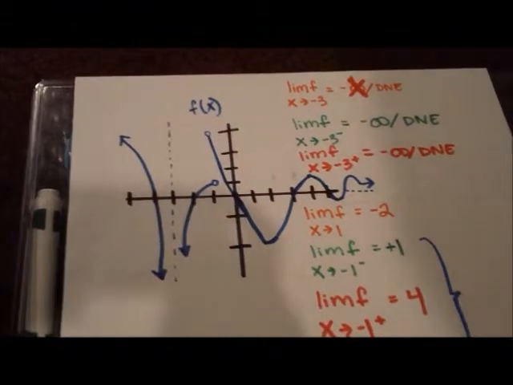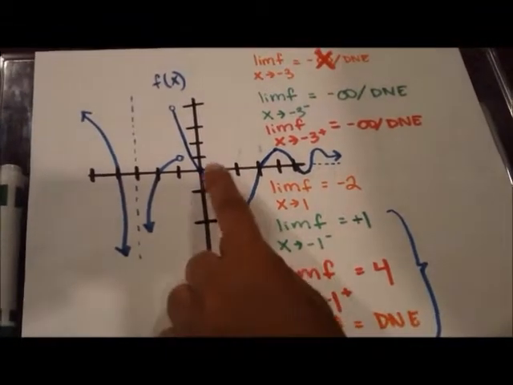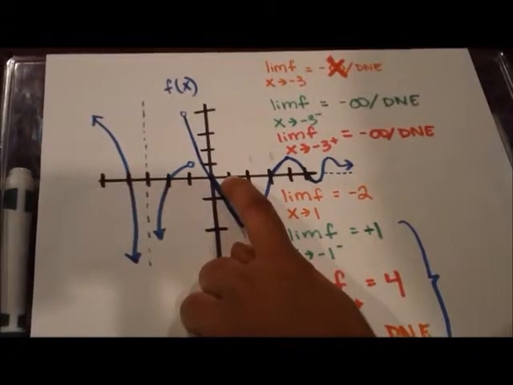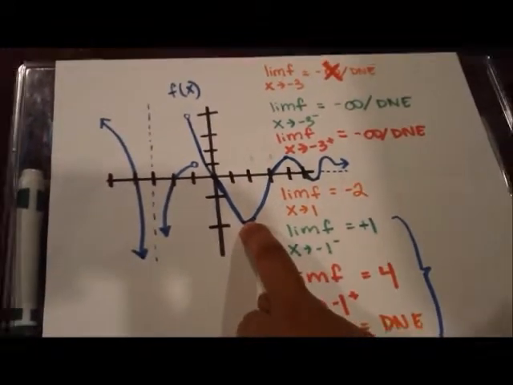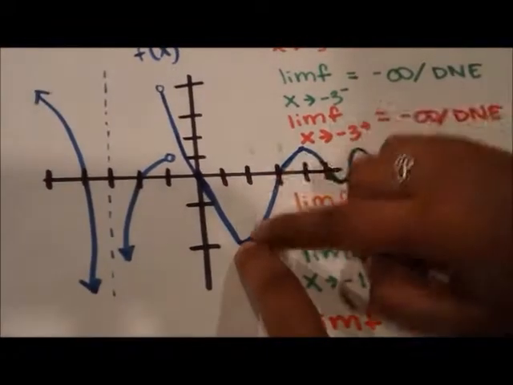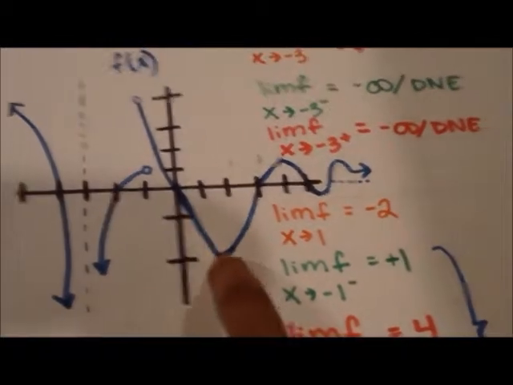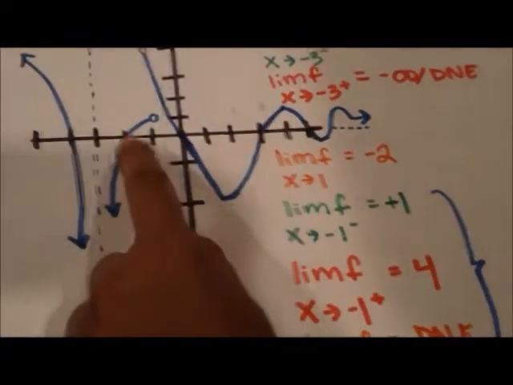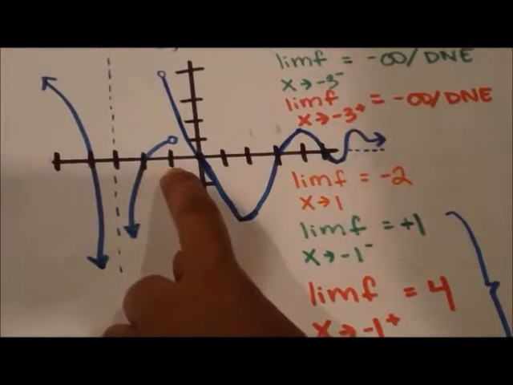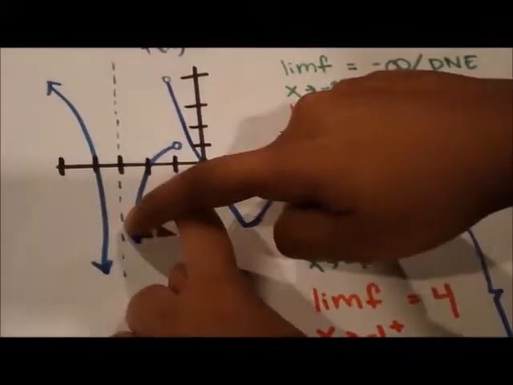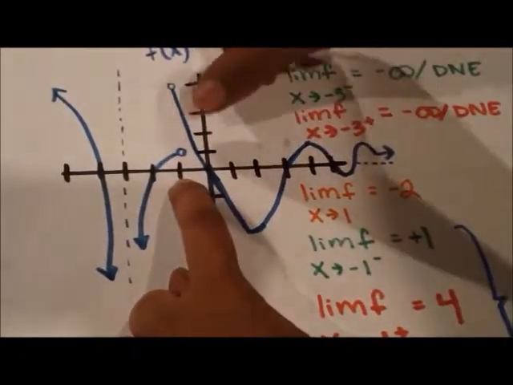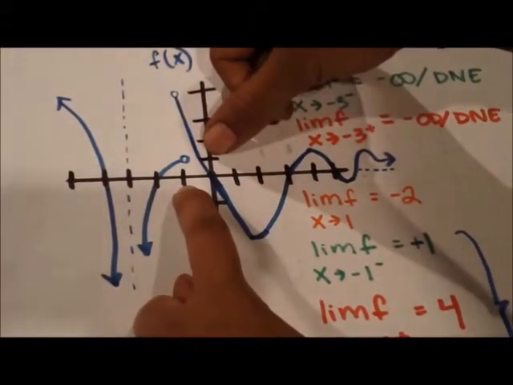As the function approaches 1, right here, we can see that the y value approaches negative 2 from both directions. As the function approaches negative 1, right here, we can see that from the left, it approaches the y value of 1.